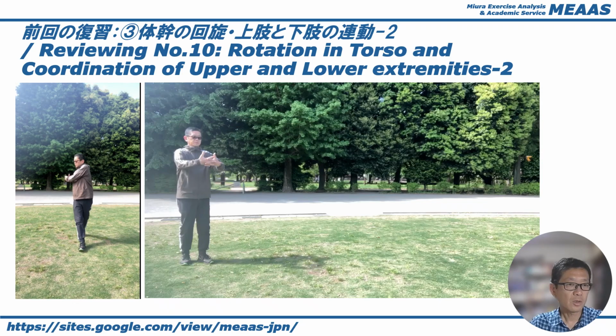So on this exercise, the movement of your body and leg and arm is almost the same as number one. The difference with number one is only the direction of face.